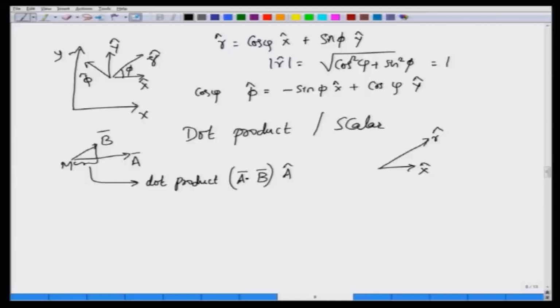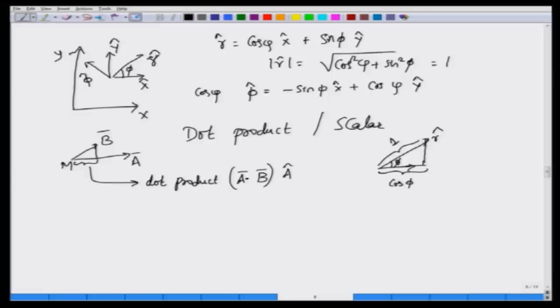But I know that r can be expressed in terms of x and y. We have already seen how to decompose any vector. So, if I now drop a perpendicular from r to x, the length of this perpendicular will be exactly equal to, so if this is the angle phi, this length is cos phi. Why? Because the length of this is equal to 1.